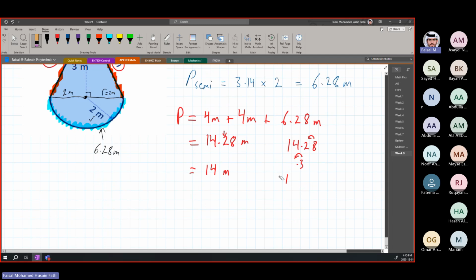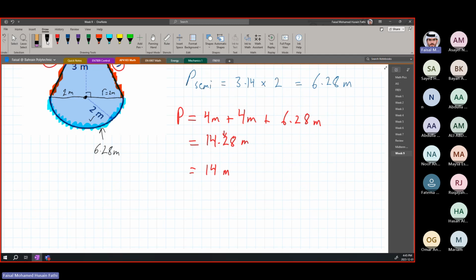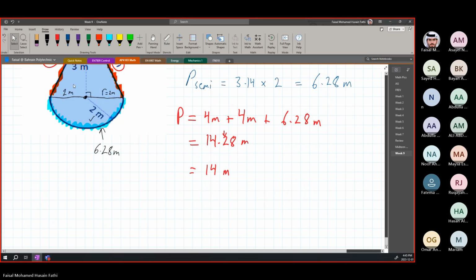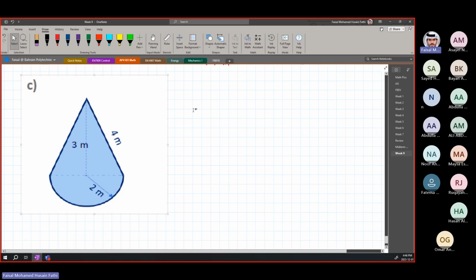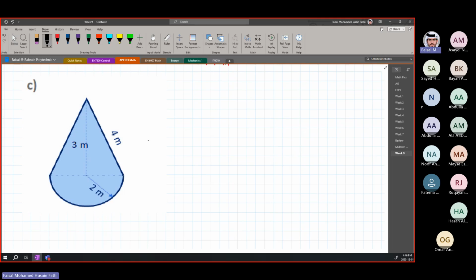Okay, now let's look at the area now. The perimeter is very straightforward. Let's look at the area for the shape. So we have two parts. The first part is the triangle.